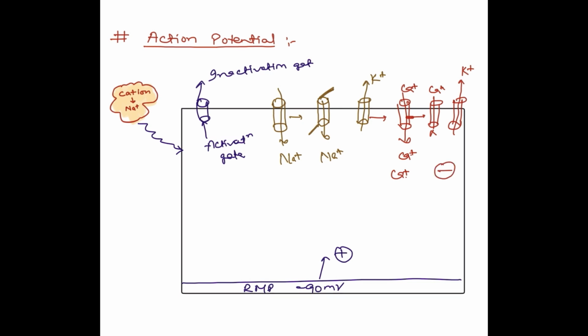So let's take an example on the chart or the graph. There is the resting membrane potential, or RMP, which is minus 90 millivolt.